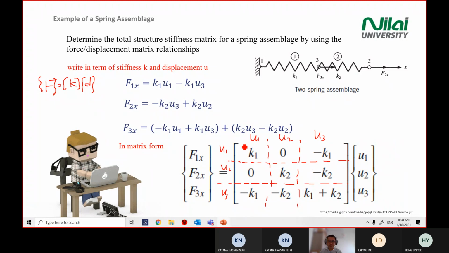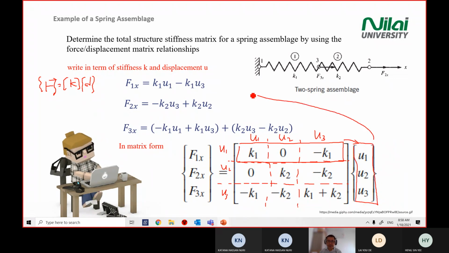So you know that the first row of the matrix times this column will give you the first equation. This is the matrix concept. So you look at the equation here. You take K1 times U1. What you need to fill in is the coefficient of U1: blank times U1 equals K1 U1, so you fill in K1 here.